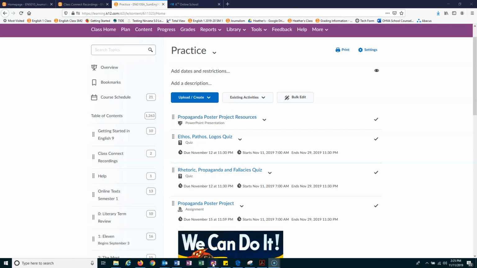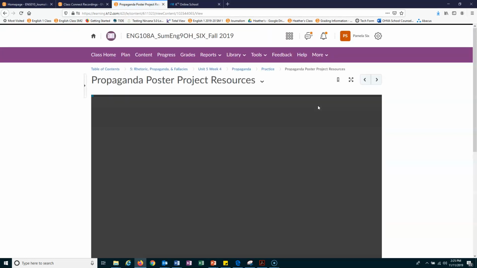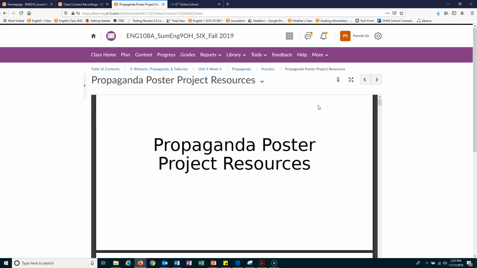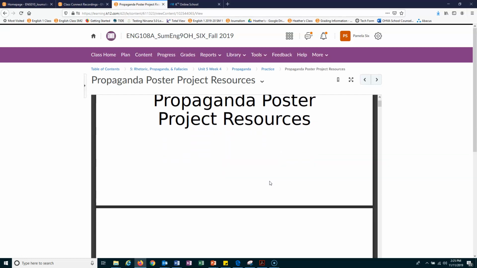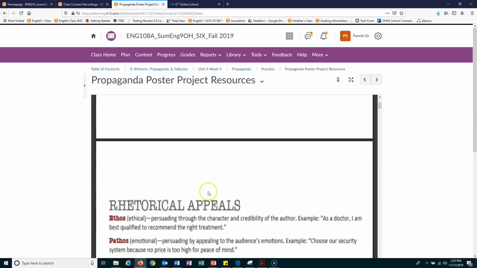I'm going to open it really quick just to show you what exactly is in there. This information is all through Unit 5, so if you are not able to open this, you should be able to find it throughout the course in Unit 5.